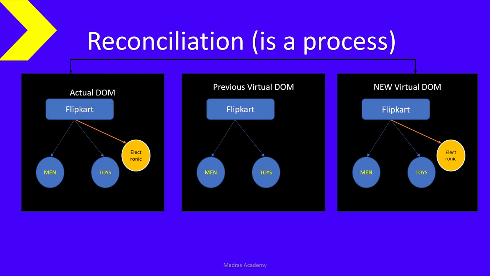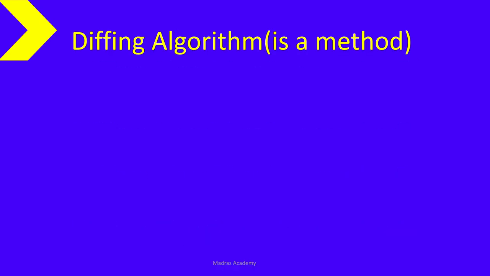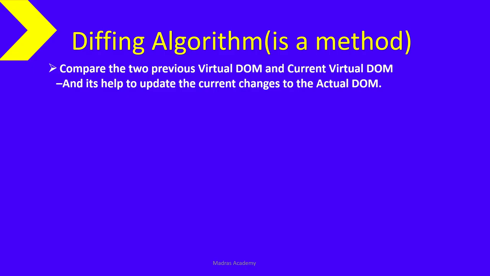And here, how are we implementing the diffing algorithm? What is the diffing algorithm method? This is a method. So what does it do here? The diffing algorithm compares the previous virtual DOM and the current virtual DOM, and it helps to update the current changes to the actual DOM.